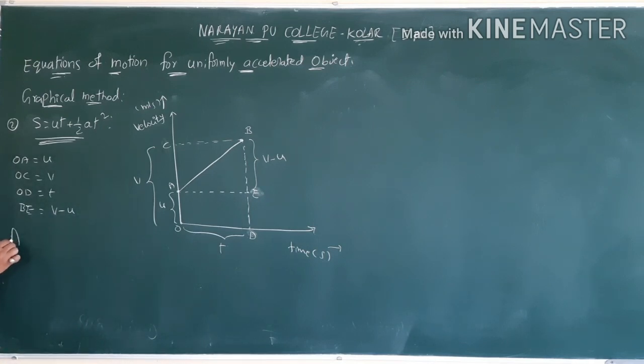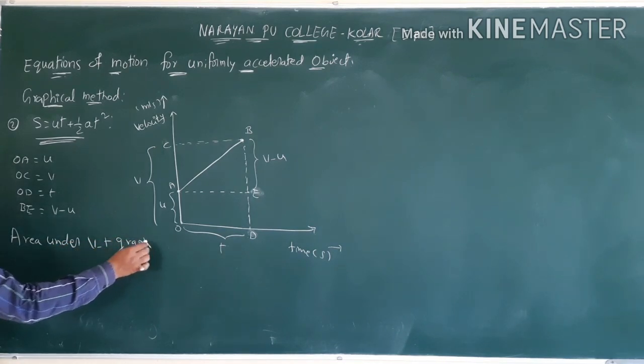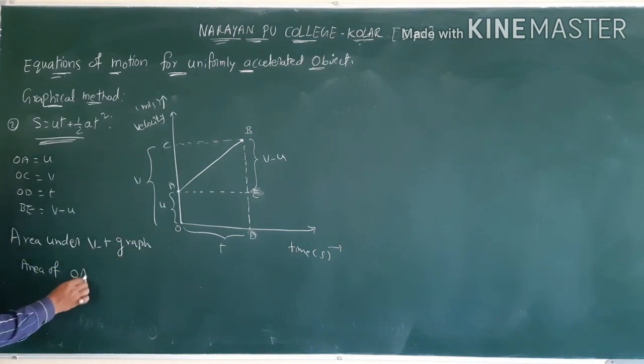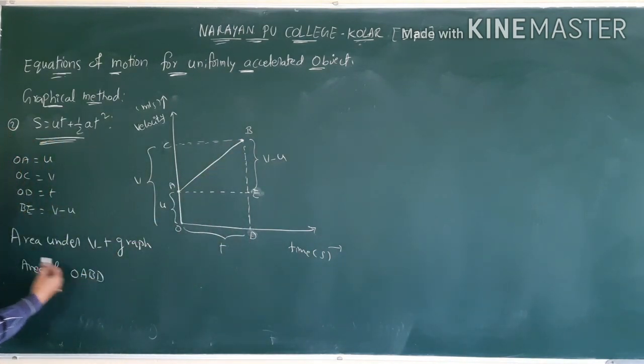Now the area under the VT graph, the velocity time graph, means the area of O, A, B, D. Where does it start? O, A, B, D. The area of O, A, B, D is going to be divided.